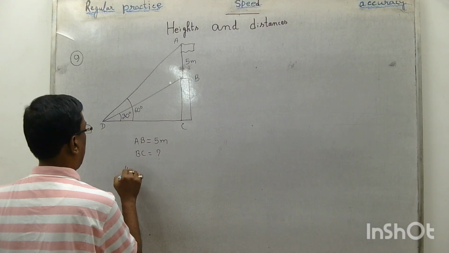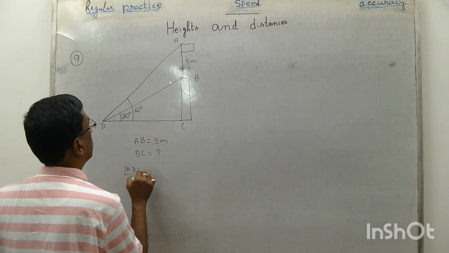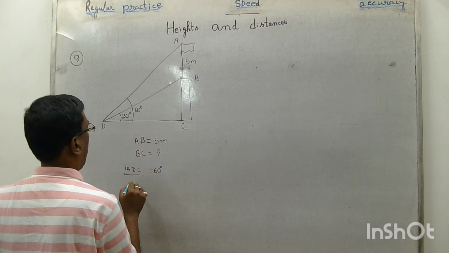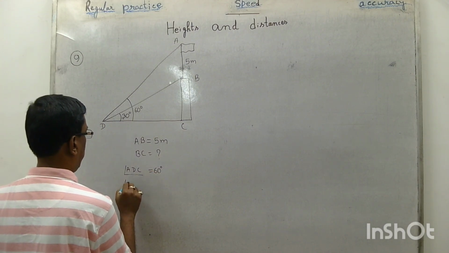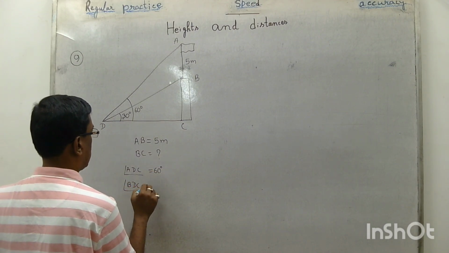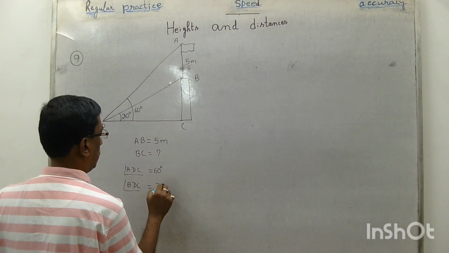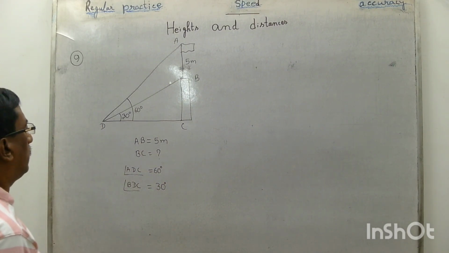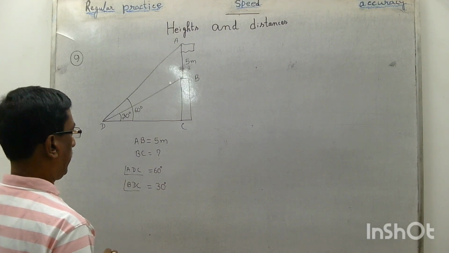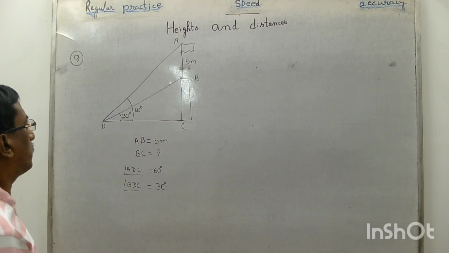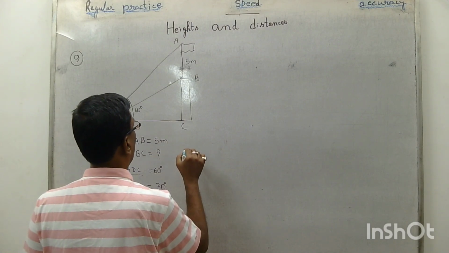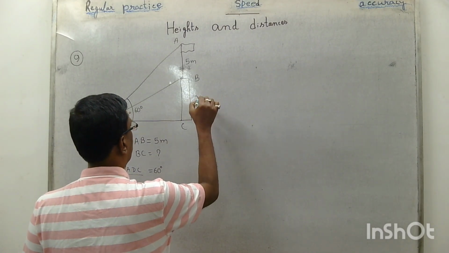Angle ADC, it is 60 degree. And angle BDC, it is 30 degree. Let us find out BC. First of all, let it be x, say.